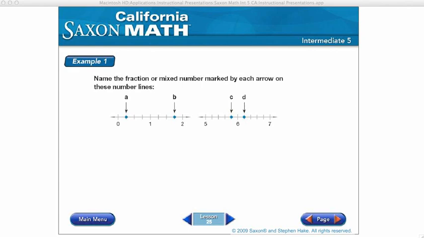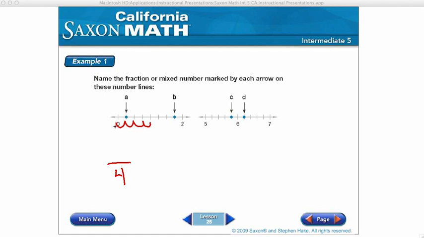So here we have 2 separate number lines, marked with 2 points. We need to tell what each point means, or is called. So let's look at this first one. Here's 0 and here's 1. And we have 1, 2, 3, 4 spaces from 0 to 1. So the denominator of my fraction is going to be 4. I've split my whole number, 0 to 1, into fourths.